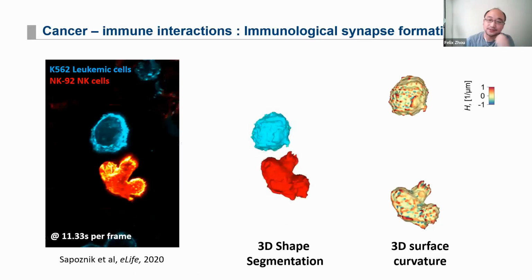For a more relevant case study, we can look at cancer and immune cell interaction. Here you see a natural killer cell colored in red.